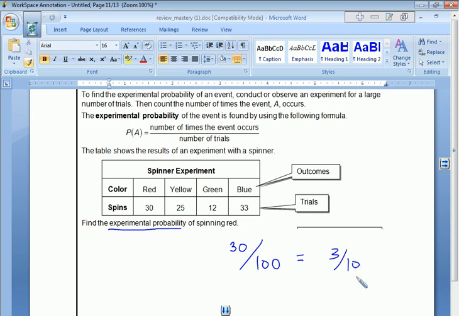So it would be 310. Good. Experimental is where they'll give you data from an experiment. Theoretical is where you think about what could happen, what are all my possibilities of dice and looking at those. Experimental means an experiment has been performed, you have data, and you look at the data and do the favorable over the total. Okay, you may grab your phones.